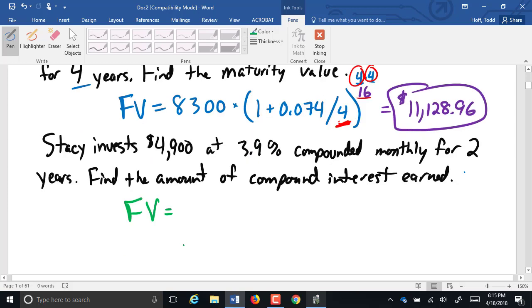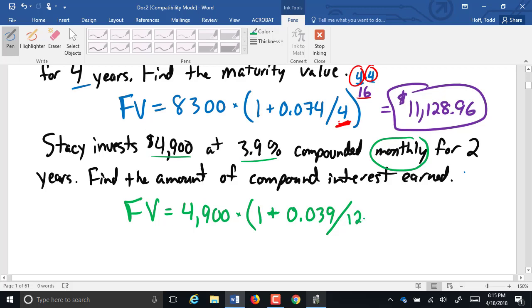That future value is still going to be the present value of $4,900 times, in our parentheses, the 1 is just part of the formula, remember. 1 plus 3.9% is 0.039 as a rate, divided by, this is monthly, so it's 12, to the power of 12 times 2 makes 24.